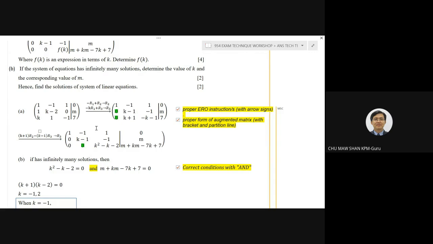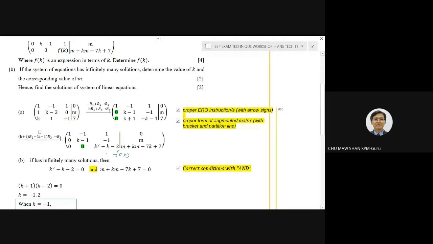FK. Cikgu sini hilang 1 markah. Saya sengaja tak tulis, untuk tunjuk ini kesilapan pelajar. Sia-sia saja 1 markah itu tak dapat. Okay. So just write your FK because it's required.